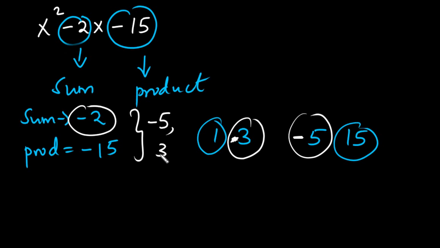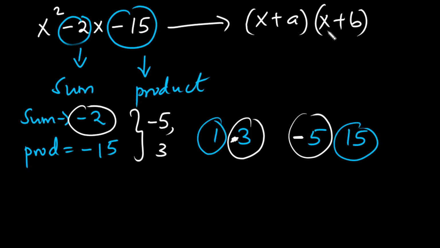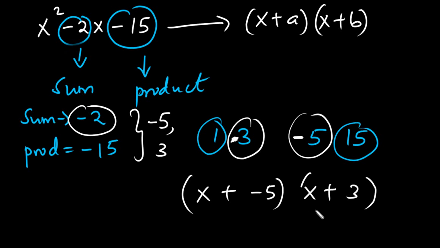Okay? So one of them is A. We can take A to be negative 5 or 3, whichever you like, and B. So as we said, factoring this expression means writing it in terms of x plus A and x plus B. So it's going to be x plus A. We can take A to be negative 5 and x plus B, which is 3.